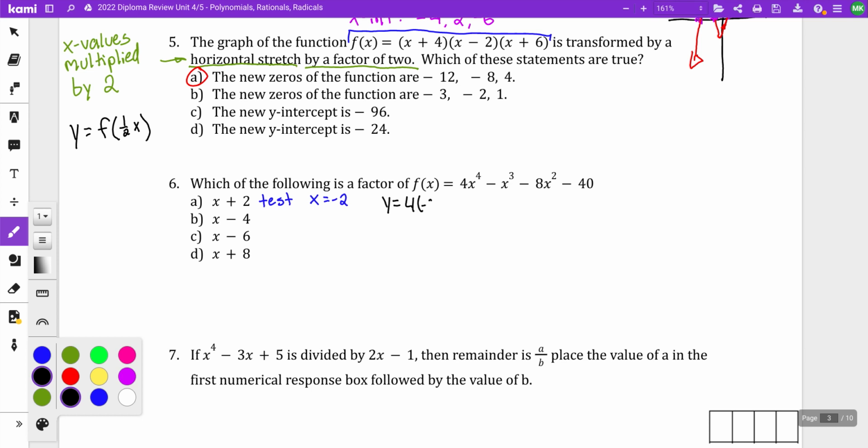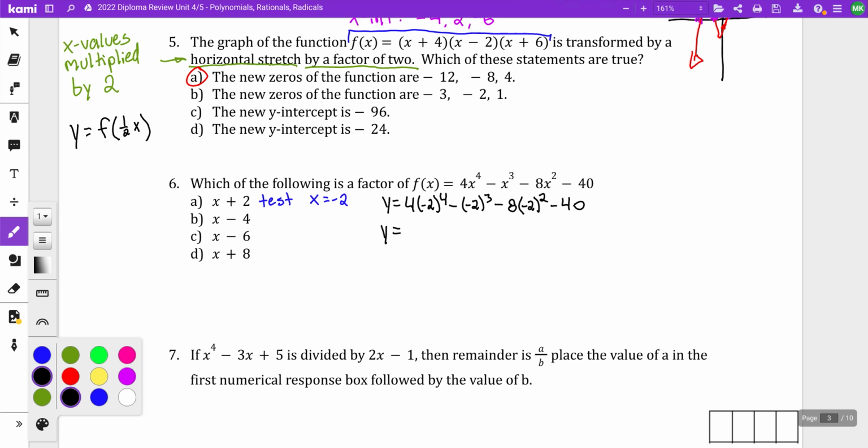4 times -2 to the power of 4 minus -2 cubed minus 8 times -2 squared minus 40. When you put that in your calculator, Blinky's got a calculator. Must be nice. This thing is old school, though.